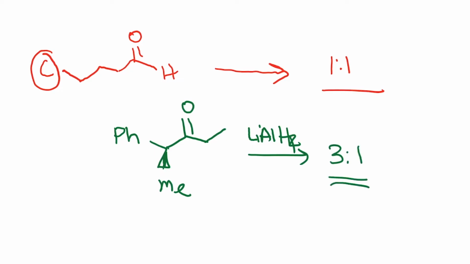Okay, so in order to understand this, I'm going to now provide you a theoretical framework that helps us reason this out. A lot of things in chemistry are first observed experimentally, and then a theoretical framework is developed.